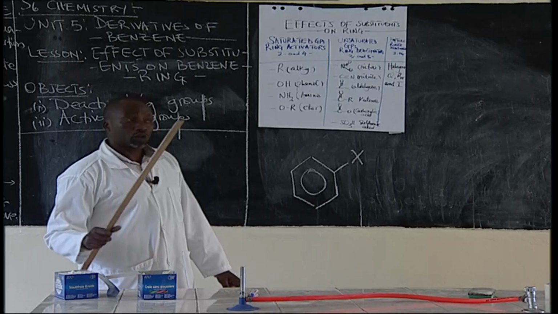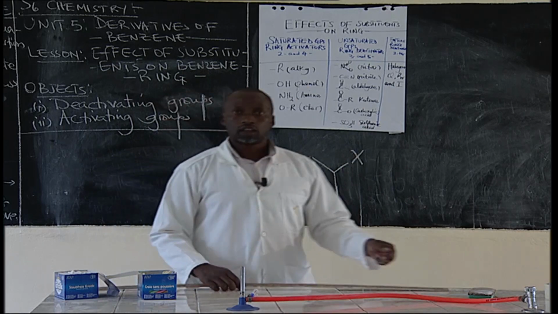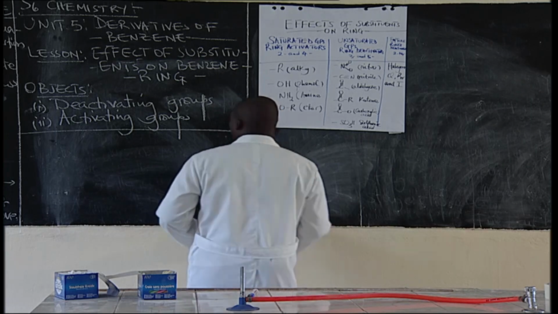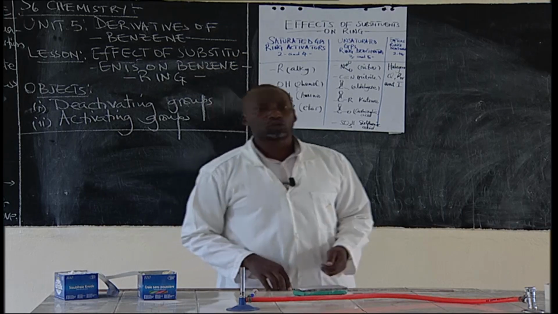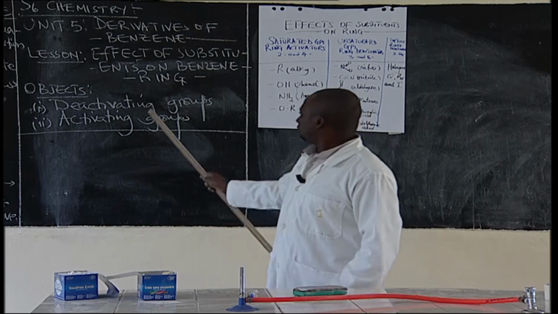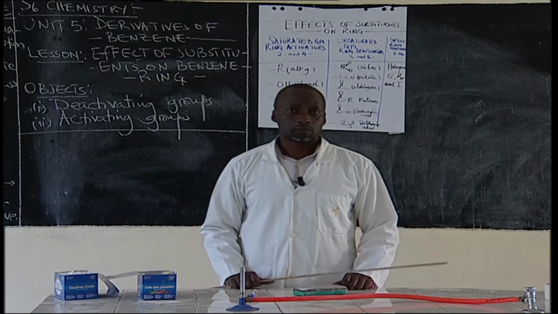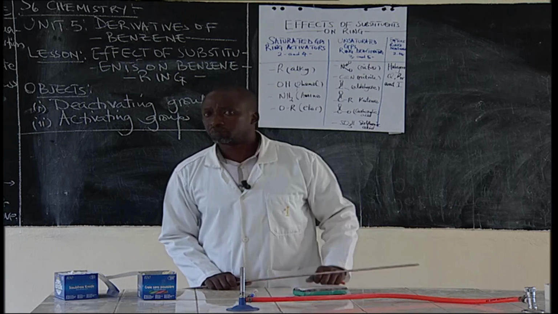The substituent is that group that is attached on the benzene ring. So we are going to look at the substituents, and they are divided into two parts. We have the deactivating groups, and then we have the activating groups. Please pay attention so that you don't miss this.